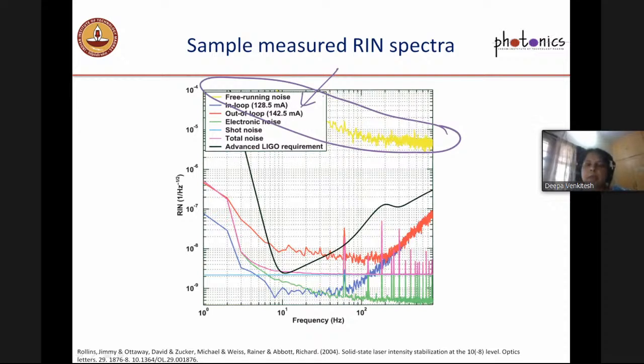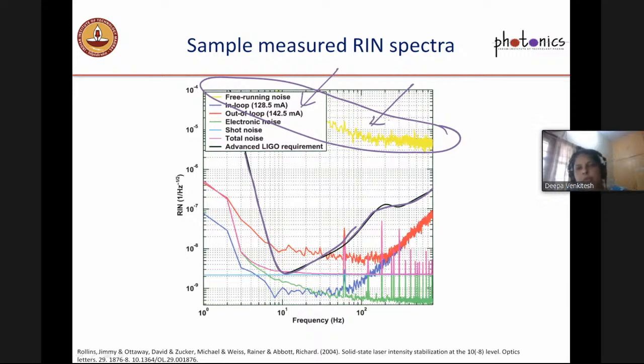You asked me a question, does the laser noise affect the detection? You see the black line is where the requirement is. So if you really don't do anything about it, you're not going to be able to detect anything in the advanced LIGO experiments, because the laser phase noise, laser intensity noise is really high.